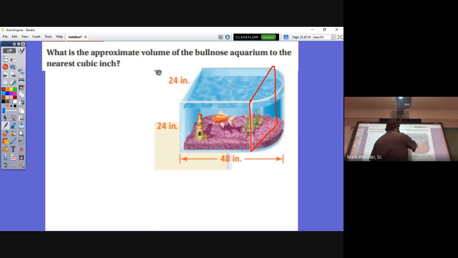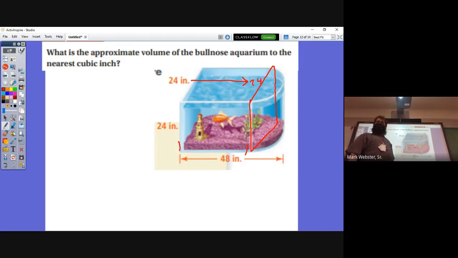Because I've got 2 out of the 3 dimensions for the rectangular prism. I'm missing what this part actually is, right? The width of the base. But I do know the length of the entire thing from tip to tail. And I know that this right here, this 24, is also the diameter of the circle, right?